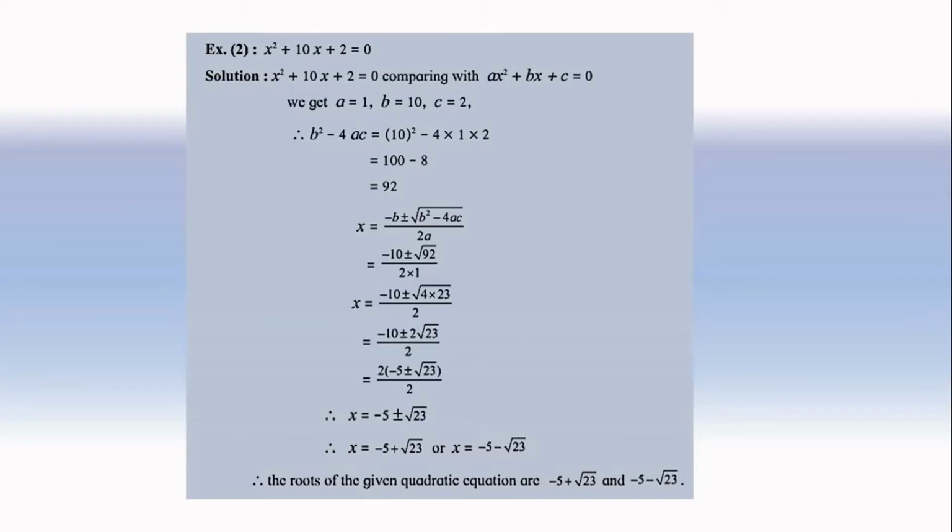Here is another quadratic equation, x square plus 10x plus 2. Again it is in the form of ax square plus bx plus c, and this is from your textbook. We will find out b square minus 4ac. In this case it is 92. We will substitute 92 over there, b over there and a over there, and here also we will get two different solutions for the equation.